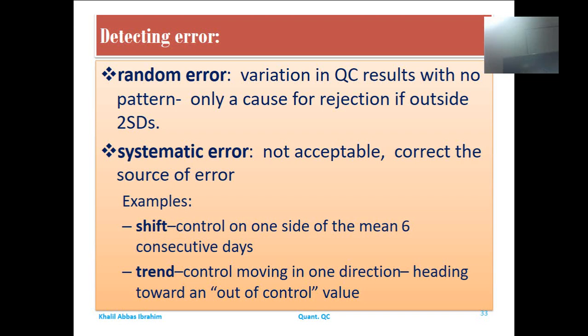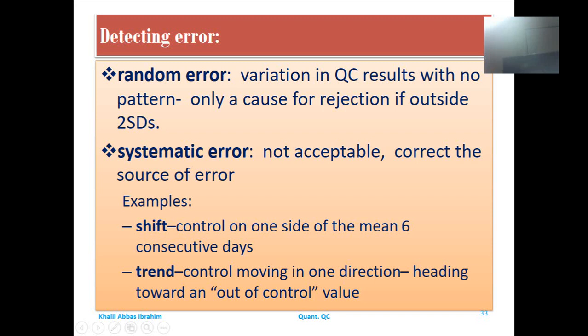In this case, these values are not accepted and the run is not accepted. The case should be discussed and investigated. Then the problem will be pointed out and the source of the problem will be identified and known. Then you solve the situation and repeat or resume analysis of the samples to issue reports free from defects or free from weakness and errors.